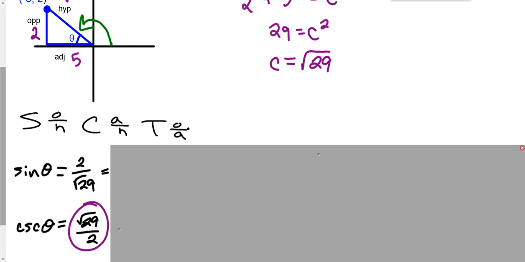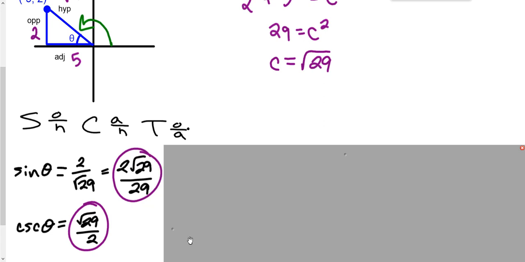But the problem with the sine, if you look at the sine value, 2 over rad 29, you have a radical in the denominator. And that's not a proper way to leave a final answer. So we would have to multiply the numerator and denominator by that same radical, rad 29. So then the numerator would be 2 times rad 29.